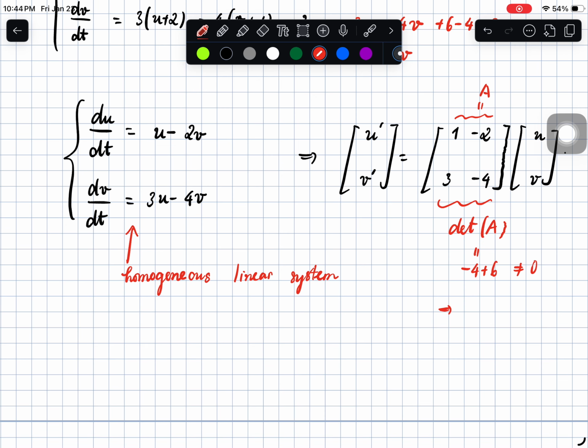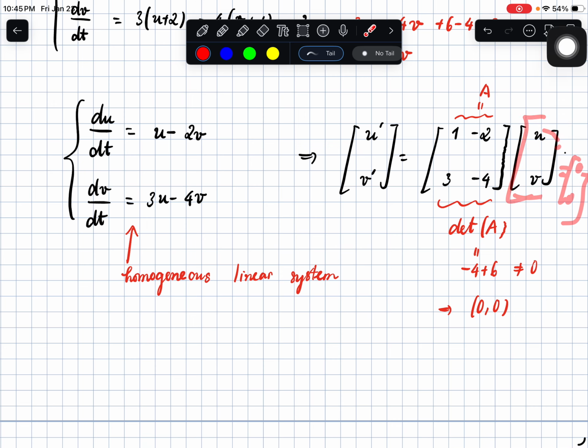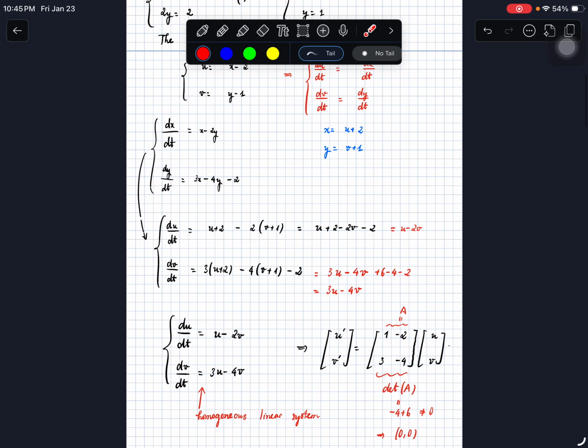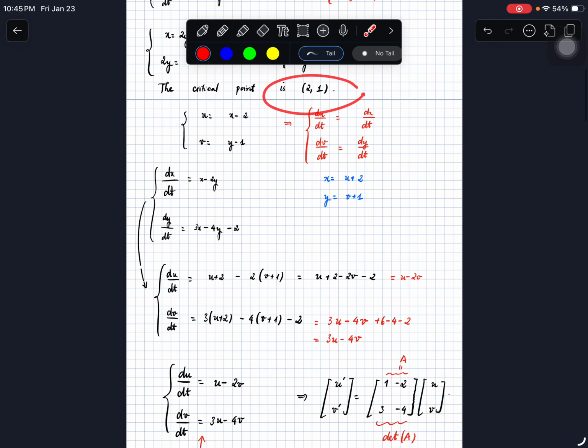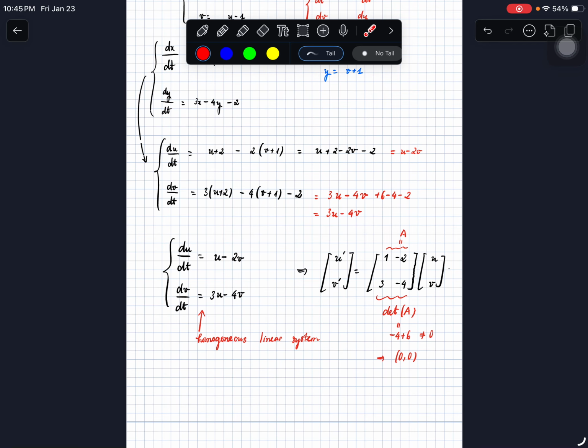So the only critical point we have is 0, 0, because if you solve this, you find the only solution is the trivial solution, u equals 0, v equals 0. The only critical point is 0, 0. What happens near 2, 1 is exactly the same as what happens near 0, 0.